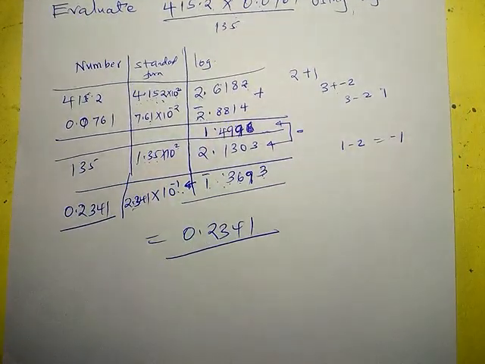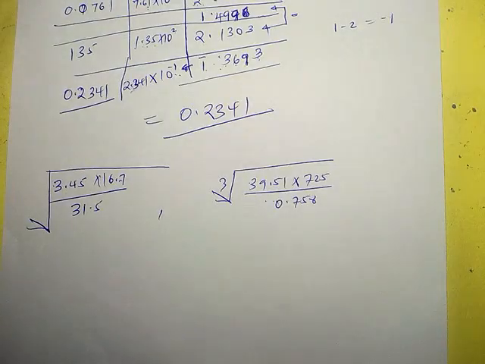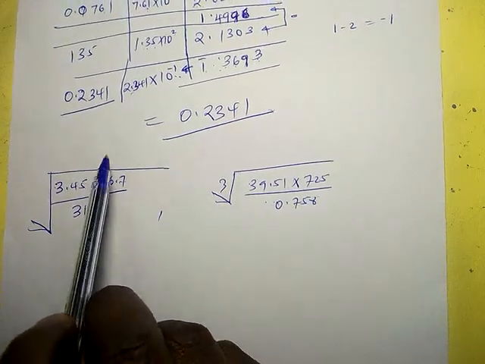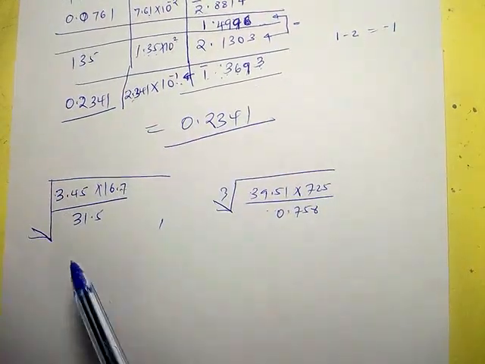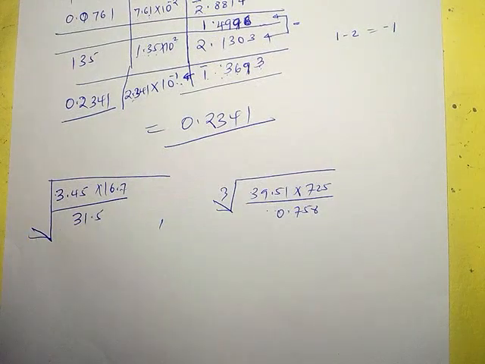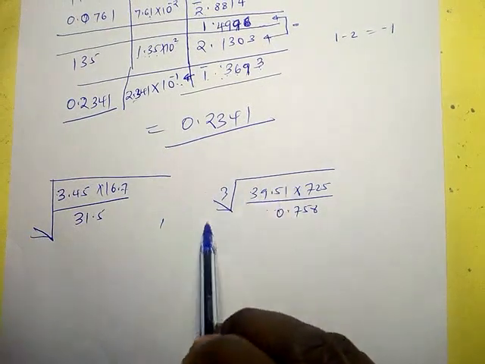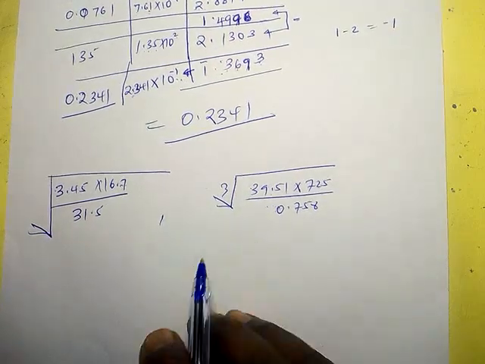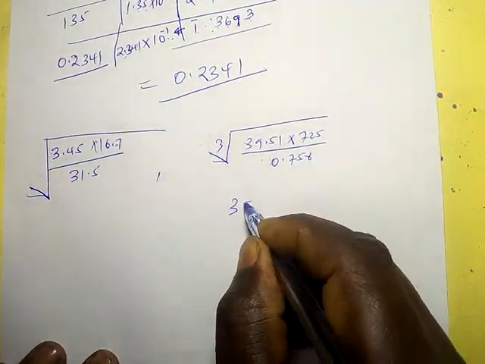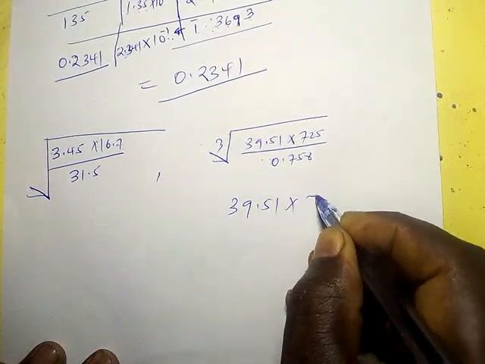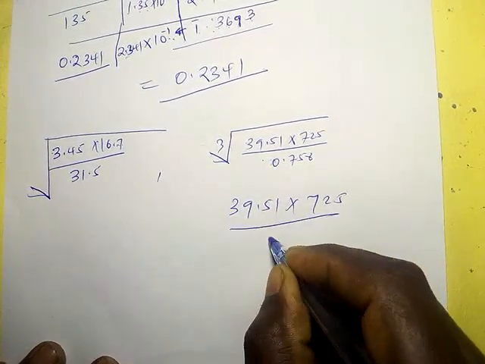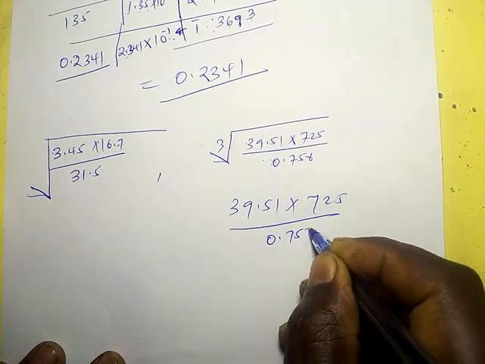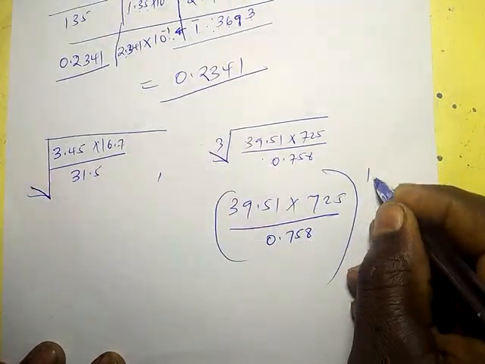I want to do another one. In logarithms, when we have a number like this and you have been asked to use logarithms to evaluate, you should always remember the square root and the cube root. But this number can also be written as this. Sometimes they can confuse you and write it like this: 9.51 times 725 divided by 0.758 raised to power 1 over 3.